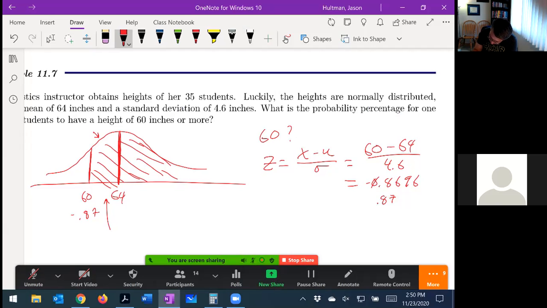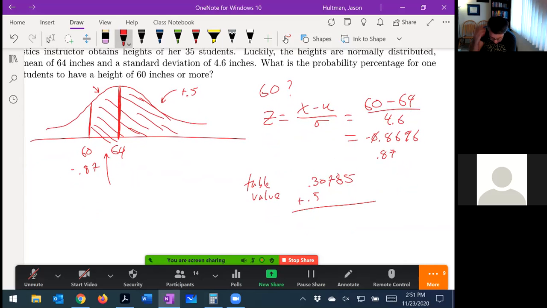This is my table value. But I have to add the 0.5 from the top half to that, because the table value only gives me the distance from the z-score to the mean. It doesn't give me the whole thing. So this is going to be 0.8079.